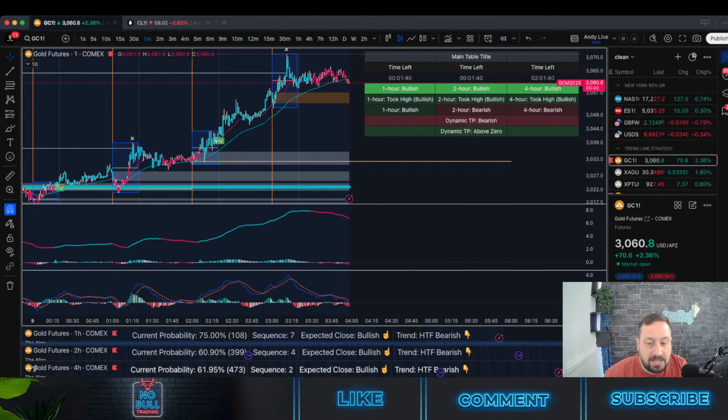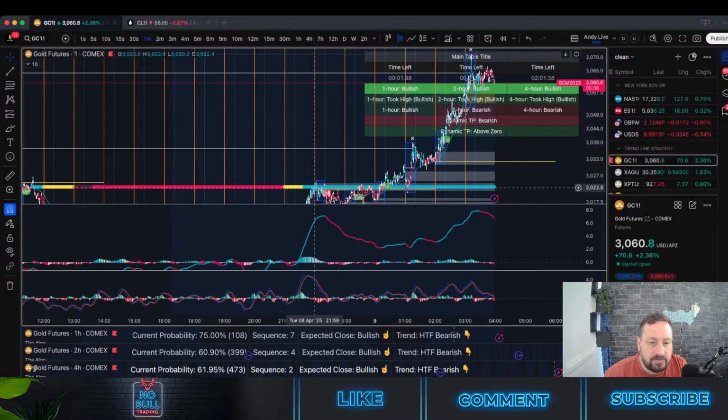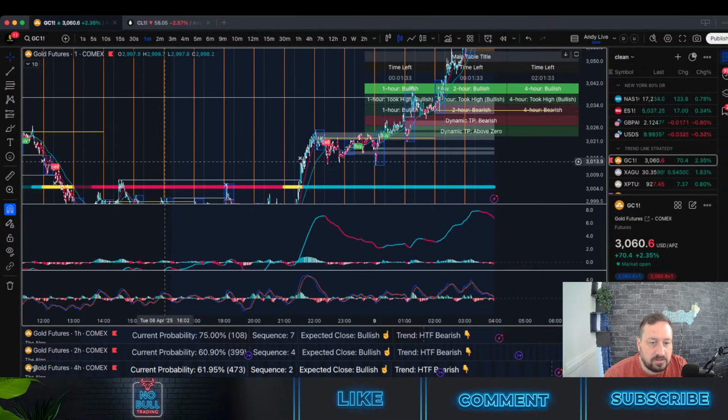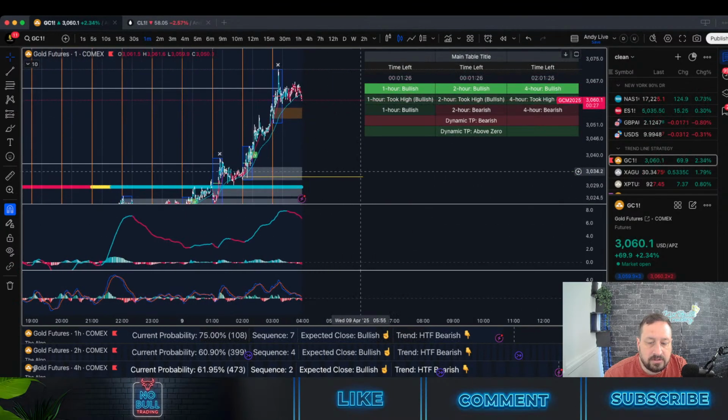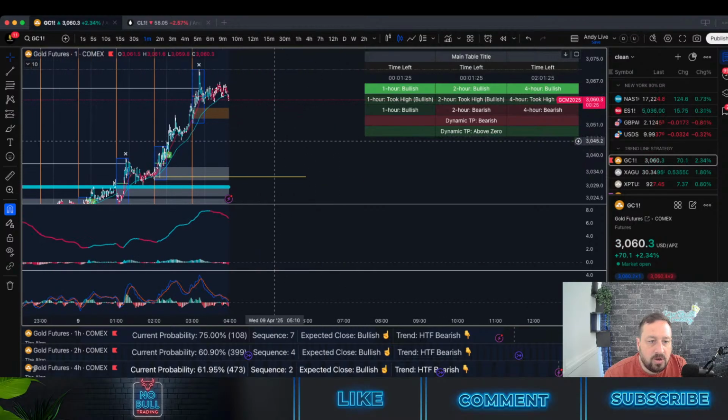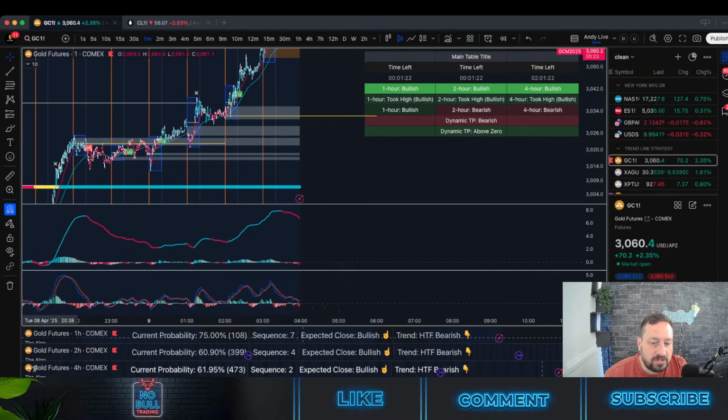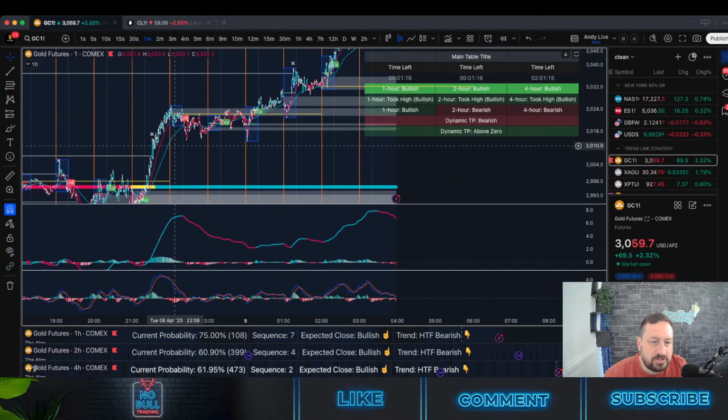Higher time frame is bearish though, right? So we've gone through a transition, gone bullish. So it'd be interesting to see if the higher time frame goes bullish. We are overextended, we've had 7 hours of a bullish trend, right?